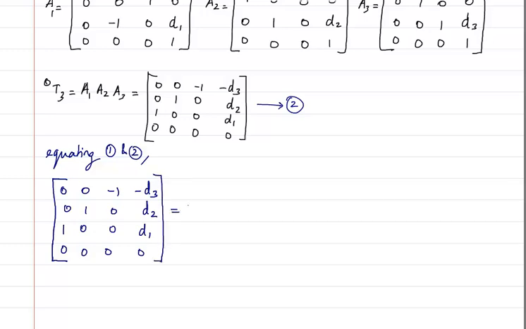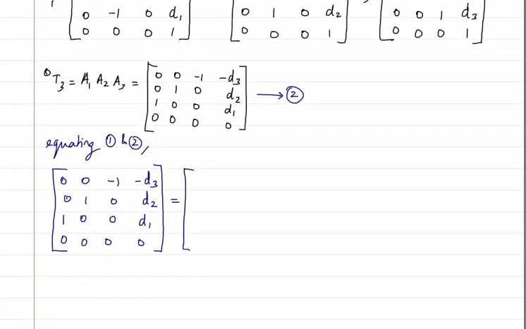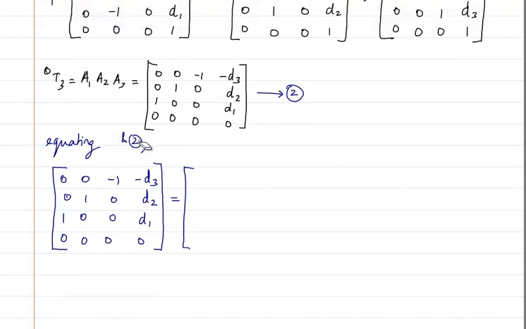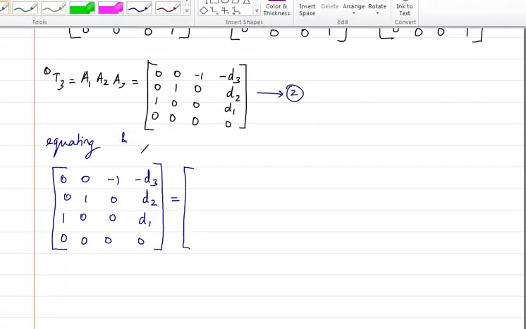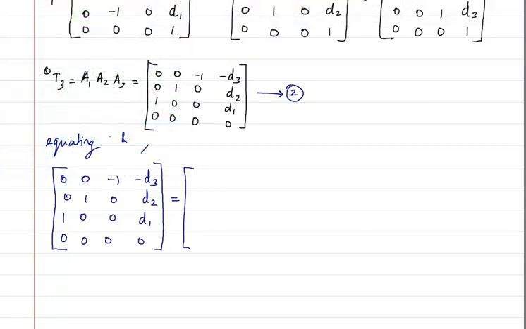That I am going to equate with this one, which I will now write. I should have written the first equation correctly, so I will write equations 2 and 1.